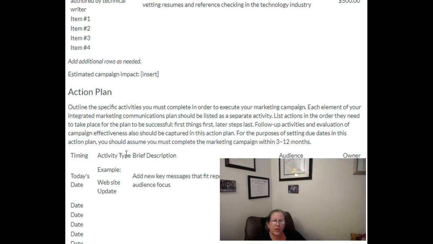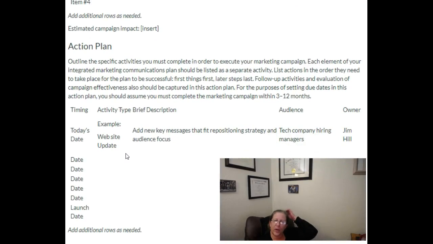And then you're going to do an action plan. You're going to outline the specific activities that you need to do to be able to execute the marketing campaign. Make sure that you list each element of the integrated marketing communication plan separately and list the actions in the order that they need to take place in order to be successful. Okay, so it's an action plan.